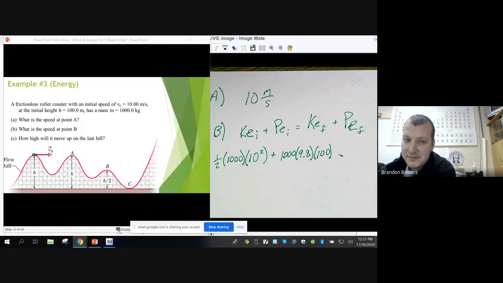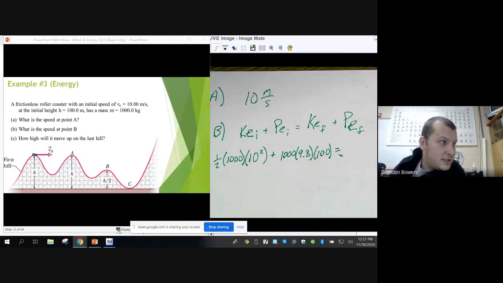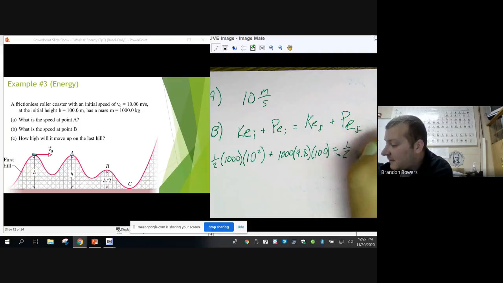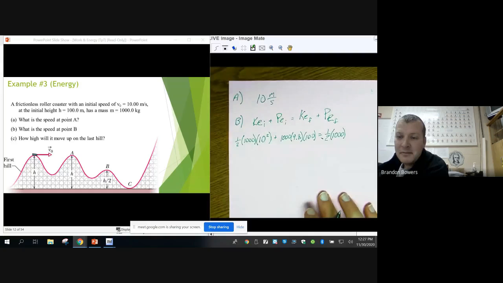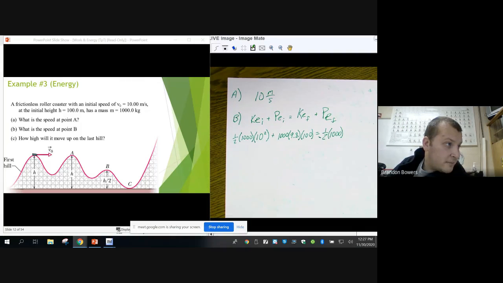Does that make sense so far? So that's going to equal my kinetic energy final. So kinetic energy, so half the mass. Oh, I'm running out of space. I'm going to zoom out a little bit. Half the mass times velocity squared. Now, in this case, do I know the velocity?